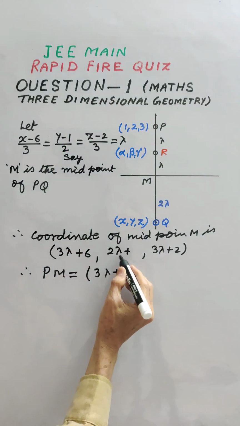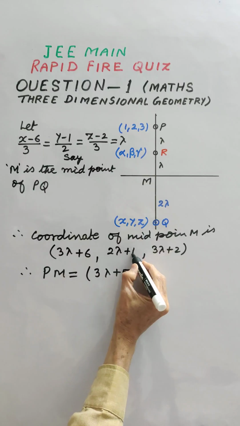Y minus 1, so this will be 2 lambda plus 1.